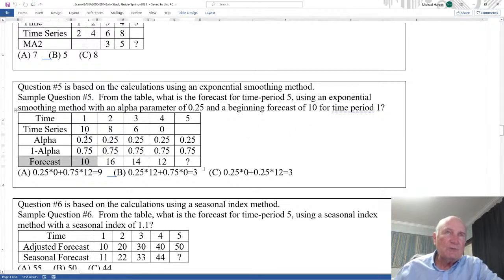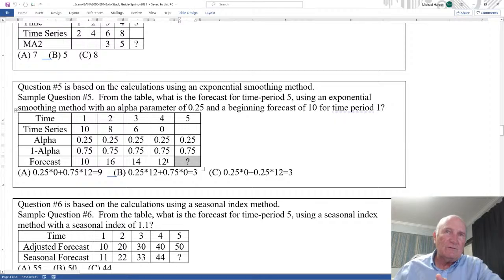Notice what I do here. I do the calculations all the way down to here, so you can see how I do it. Remember, it's alpha times my time series plus 1 minus alpha times my forecast, all the way down to here. So this last forecast right here is 0.25 times 0, which is 0, plus 0.75 times 12. 0.75 is 3/4.